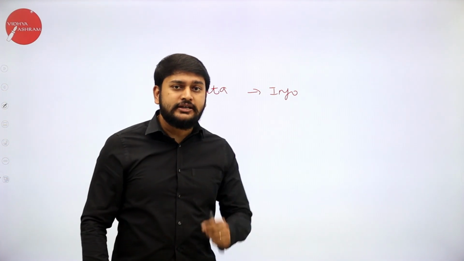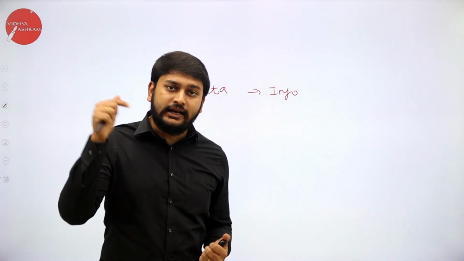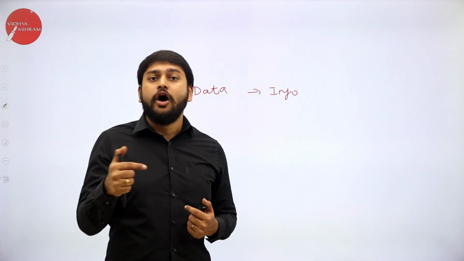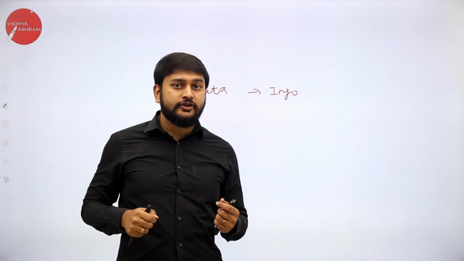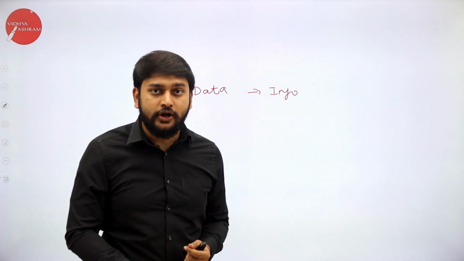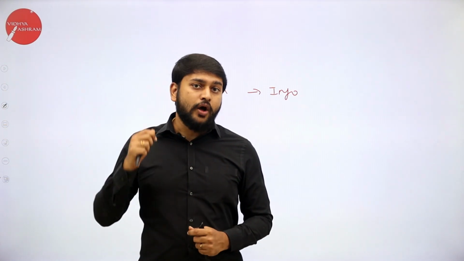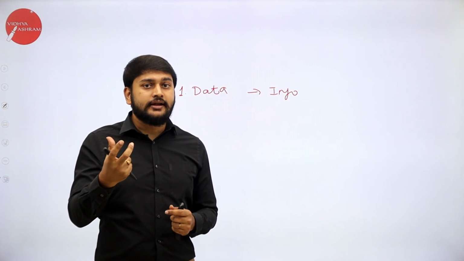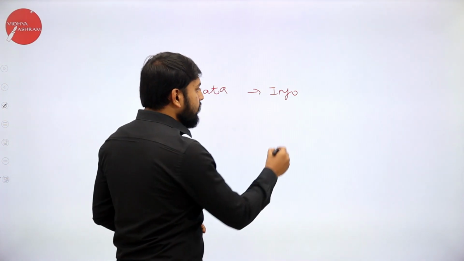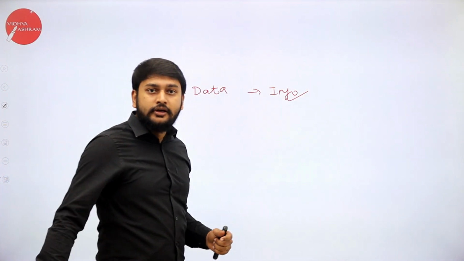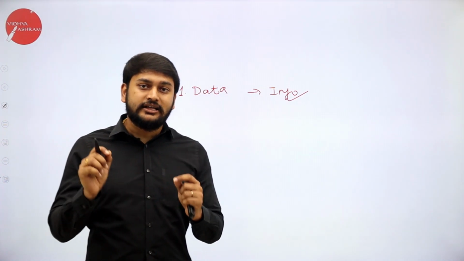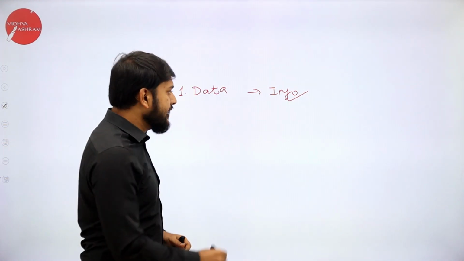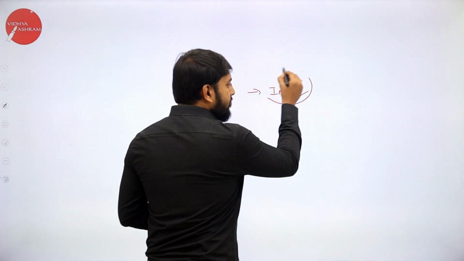But if you ask me, tell me sir, how many people are present in the class, I need to perform some calculations on the attendance book. If I perform some operation on the book to get the value of how many people are present in the class, whatever number I get at the end, that number is what I will call information. Processed data is nothing but information. So now you have a clear idea about data and information.